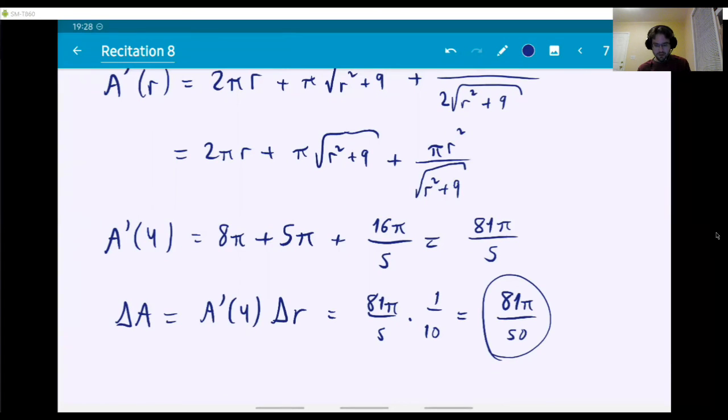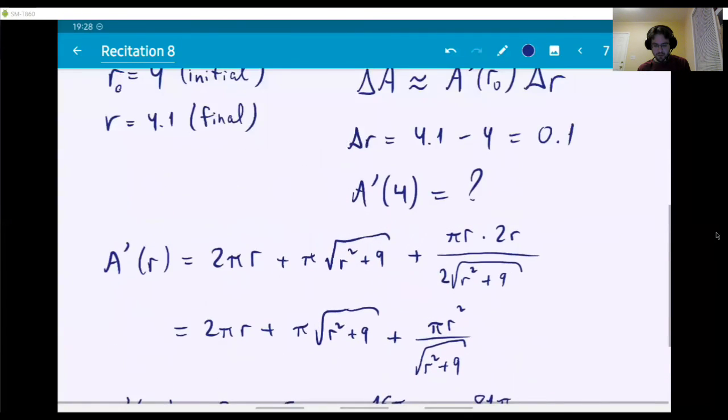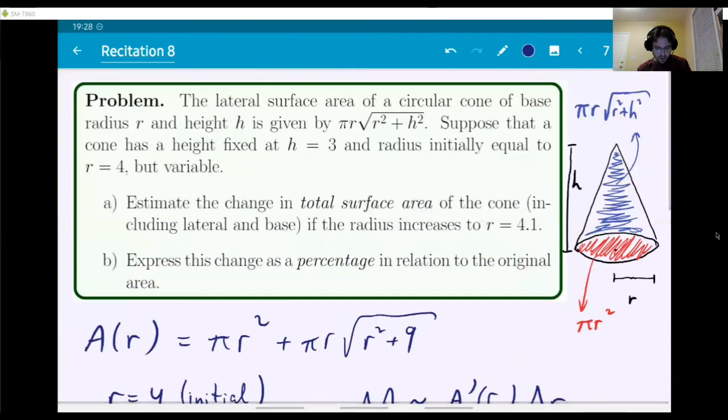Now I'm going to go back to the problem just to point out what item B was. Item B is asking you to express this change as a percentage in relation to the original area. When we say original area, we're thinking of what A was at the original R value, R equals 4. So A of 4. And we want the change, delta A, as a percentage. This is common in this type of problem.